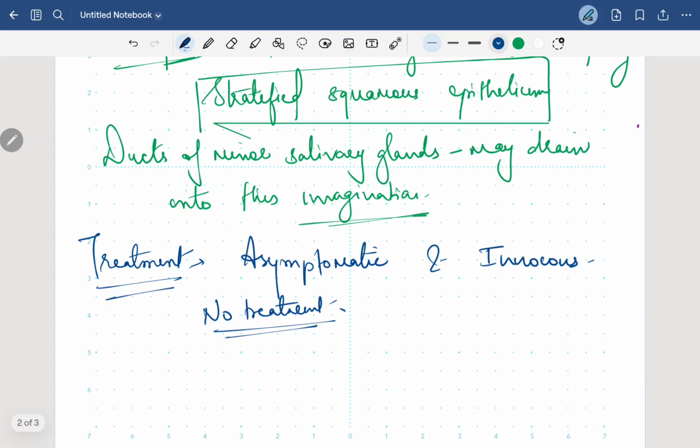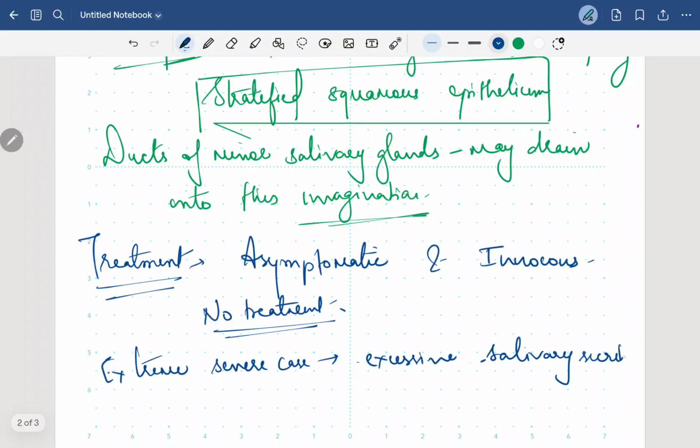Okay, in extremely rare cases where the salivary secretion from that pit is very excessive, or a secondary infection has occurred, in those extreme severe cases, we can advise surgical excision of the pit, only in that case.